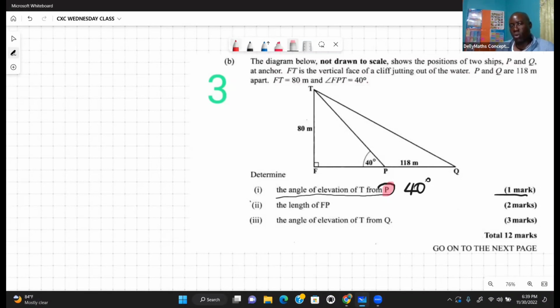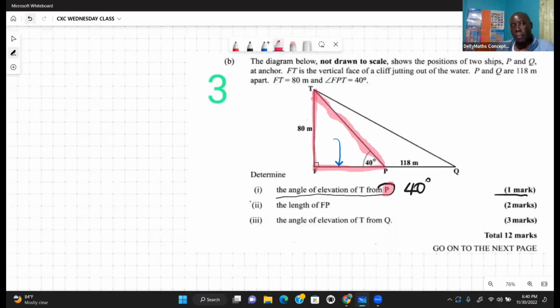The next question says the length of FP. Now, that means they asked us to find this. Look at this triangle. Whenever they ask you to find sides, make sure that you're able to identify, in this case, a right angle triangle, because the side FP is fully a part of that triangle that I highlight.